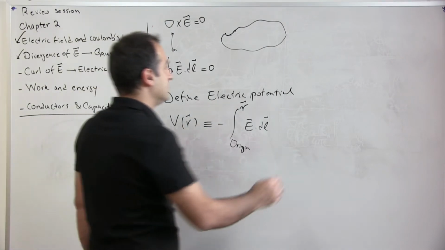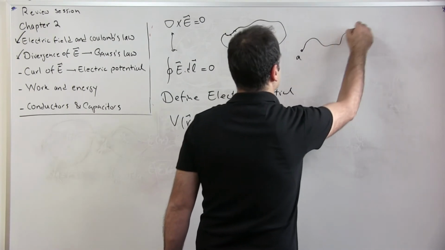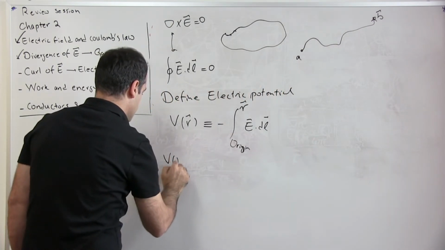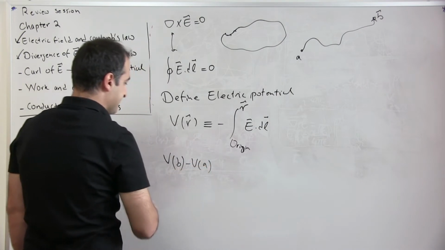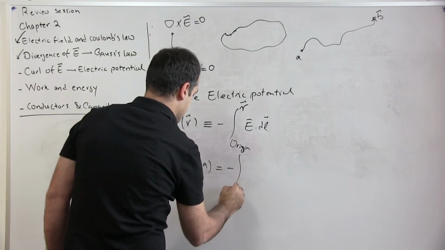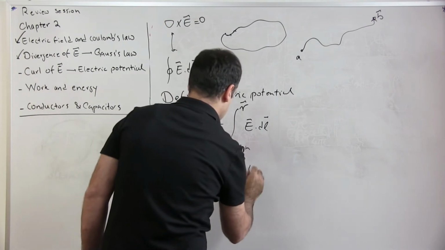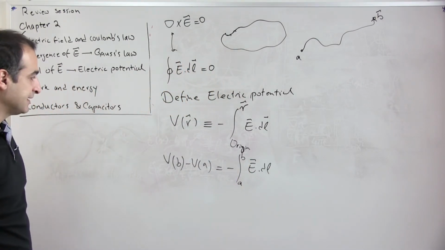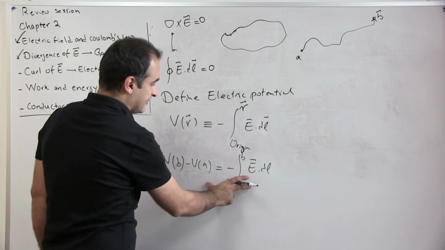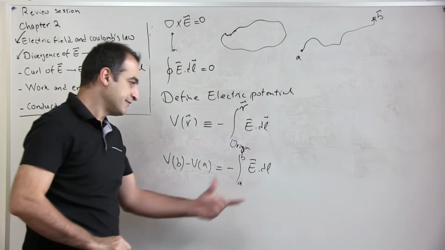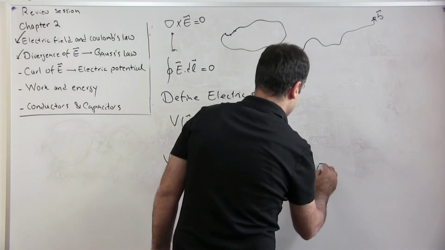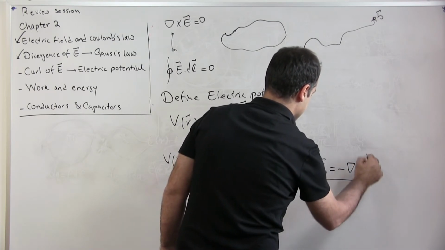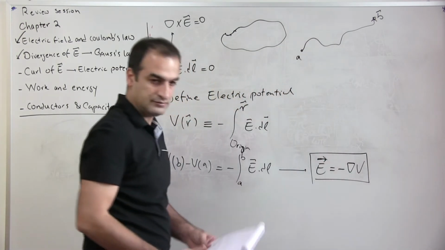And that means that if you're moving from one point in space A to another point B, the difference in the potential, V at B minus V at A, is the negative of the integral of E dot dl moving from A to B. And with this definition, if you look at the differential form of this equation, we can say that the electric field should be the negative of the gradient of V. Sounds good.